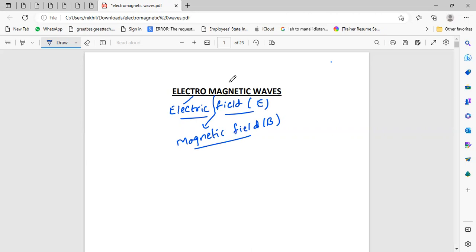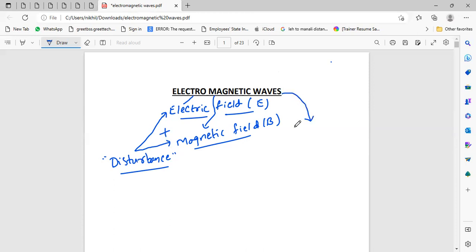Now, in electromagnetic waves, we are going to club both the electric and magnetic fields. After clubbing these two, whatever disturbance is set up in a medium, that disturbance is what we call electromagnetic waves.